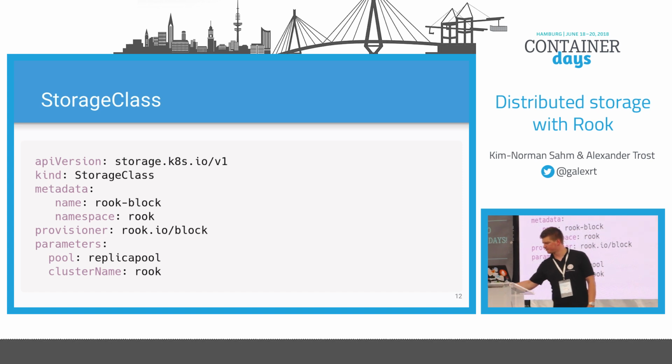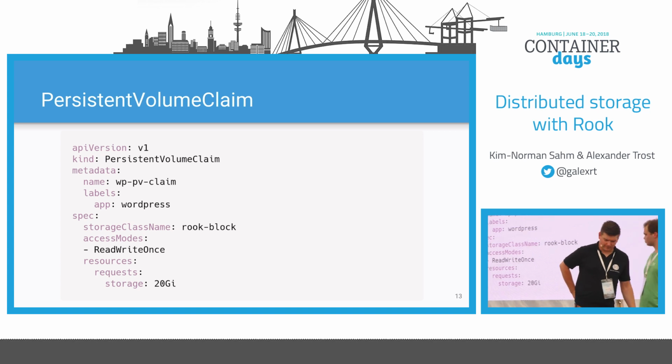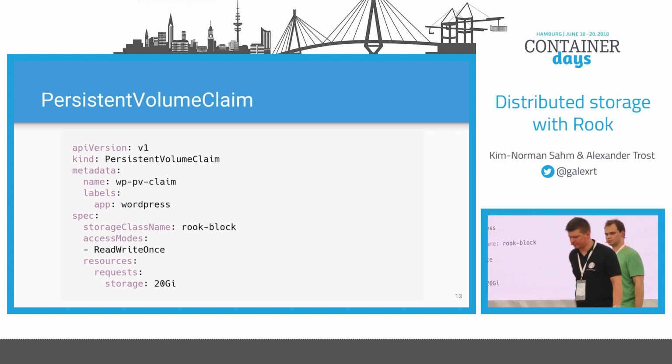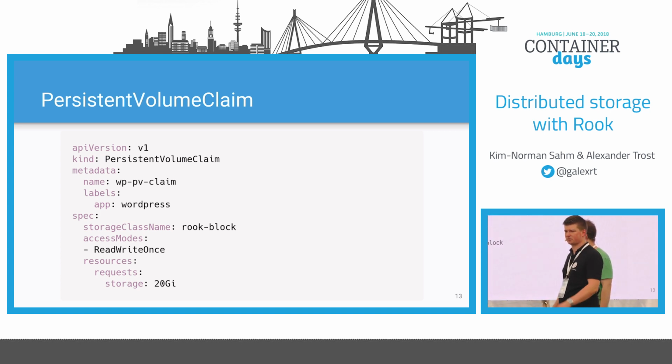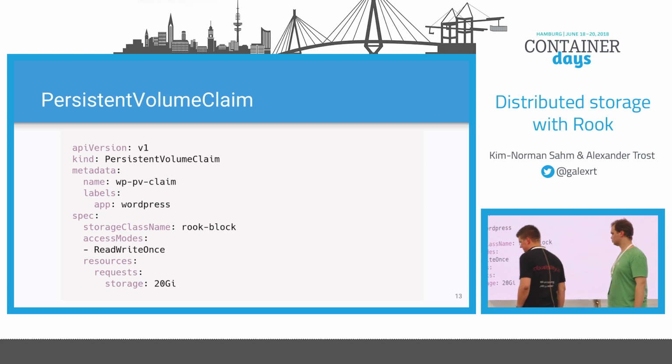And Rook is creating all the Ceph stuff which is needed to deploy Rados block devices. And after that we can use our StorageClass to consume our storage. In this example, we are using a persistent volume claim, which depends on the storage class name rook-block, and we request 20 gigabytes of storage.